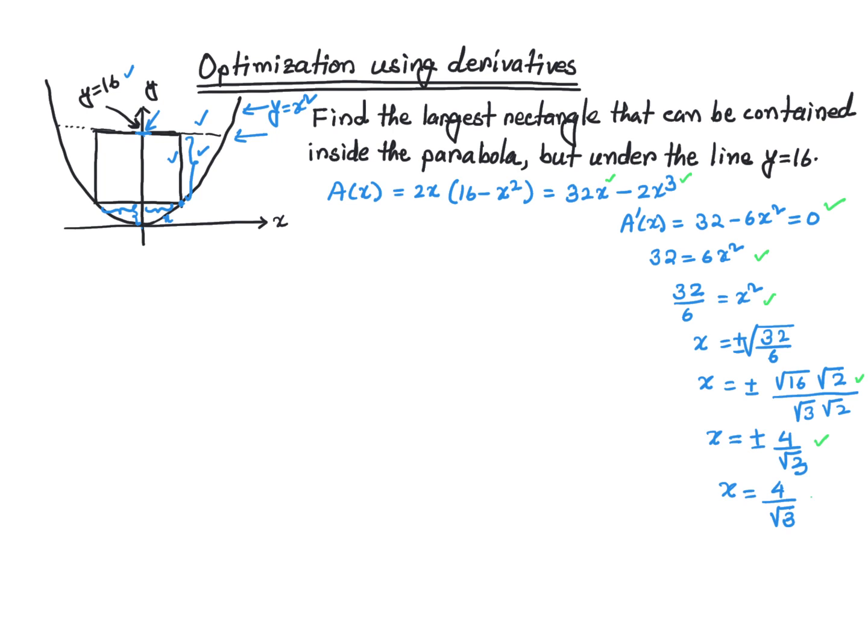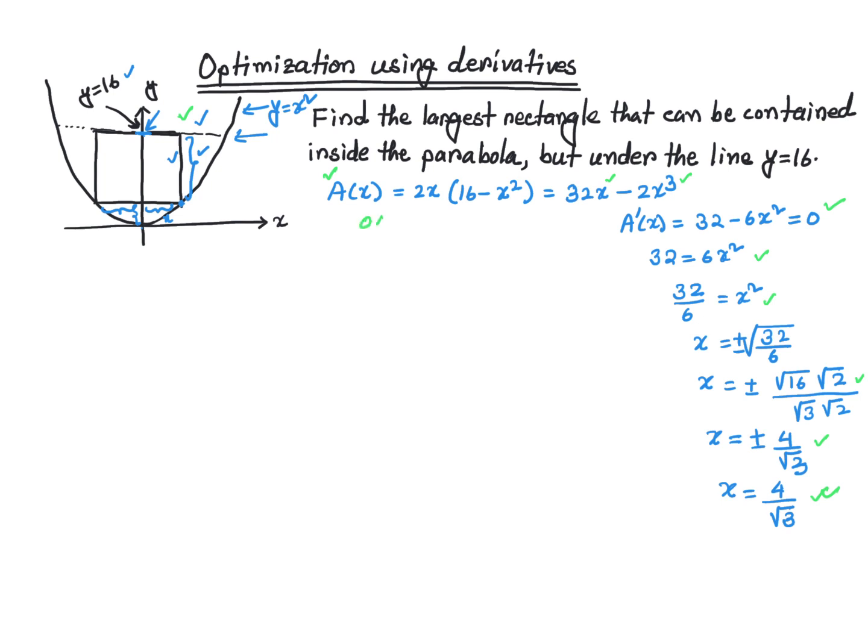So we take our critical value x to be 4 over square root of 3. Now we are going to have to evaluate this function at this critical point as well as the boundary points. For the boundary points we need to remember, x can go between only 0 and 4 because the horizontal line y is equal to 16 puts an upper limit on x, right?